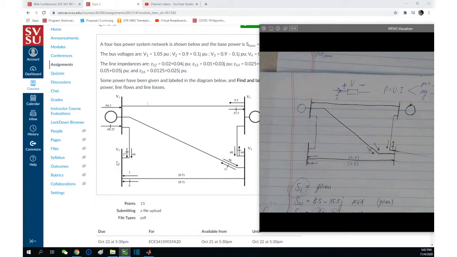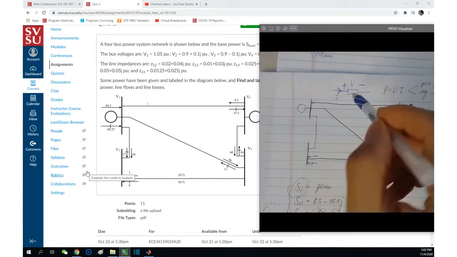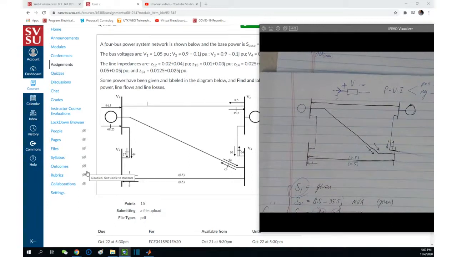Therefore, the power is negative, and you're saying it is absorbing. Absorbing by what? By this end, the left end. Okay, you have different reference. There are two different concepts. It's all up to what reference you have.